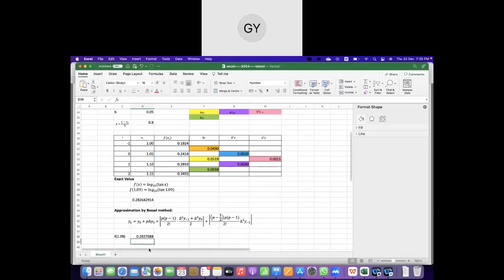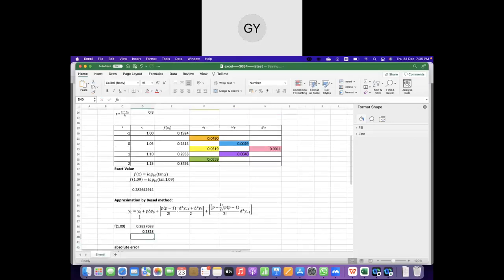We will get the answer 0.2827688. Since the question asks us to round the approximation value to 4-digit rounding, we can write it as 0.2828.